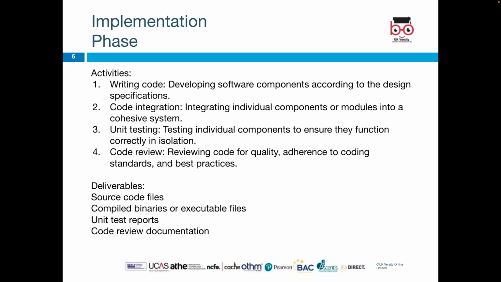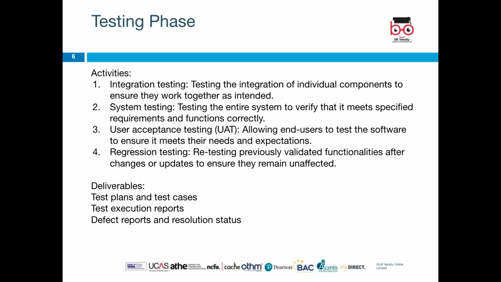Code review, reviewing code for quality, adherence to coding standards and best practices. These are the deliverables: the source code files, compiled binaries or executable files, unit test report, code review documentation. The next phase is the testing phase.